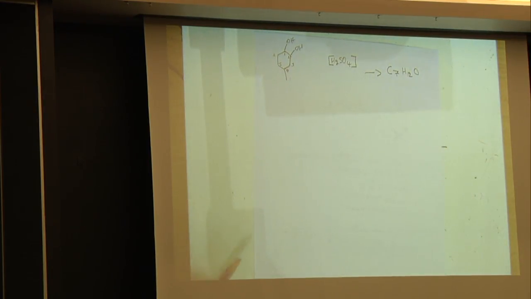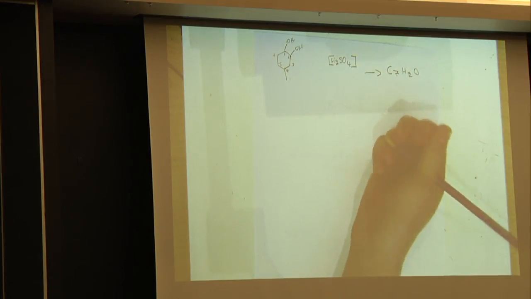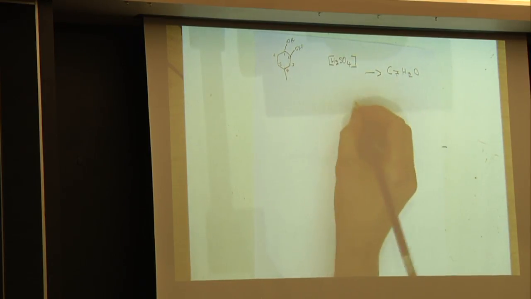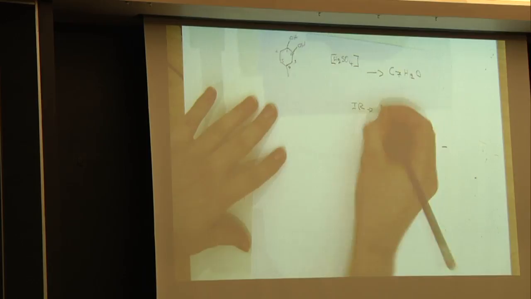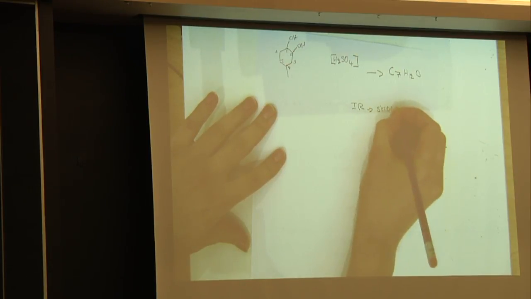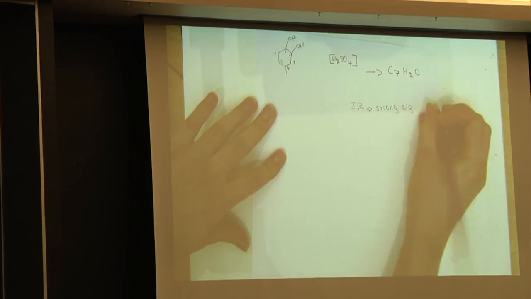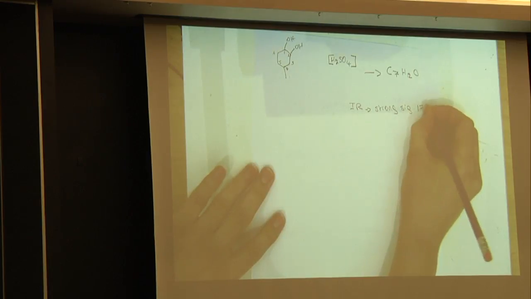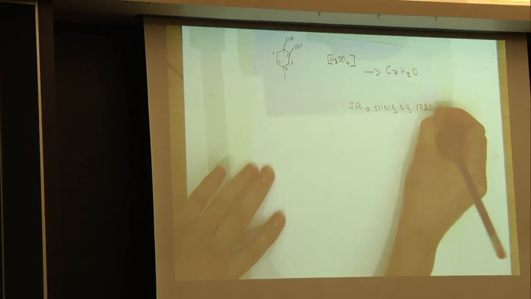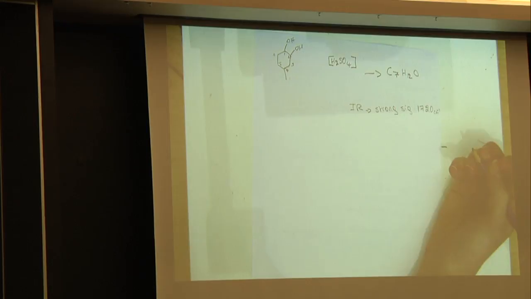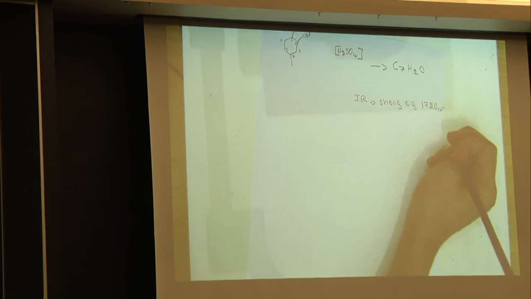We know that the IR spectrum gives a strong signal at 1720 inverse centimeters. Identify the structure and show the mechanism for its formation.